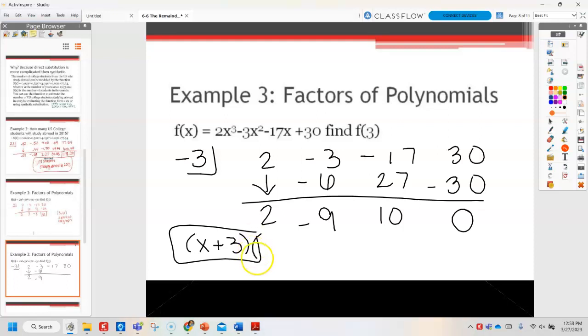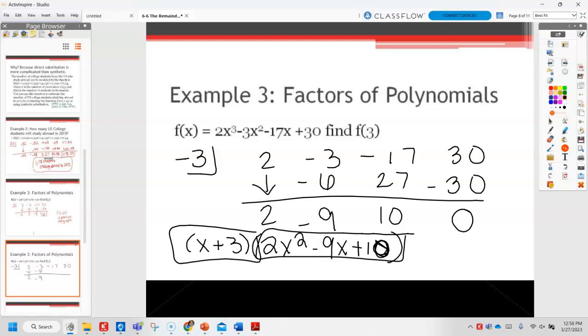And what we're going to work towards today is the understanding that this becomes 2x squared minus 9x plus 10. And what we're going to do tomorrow is learn how to factor the second part. So today our understanding is, what is x plus 3?